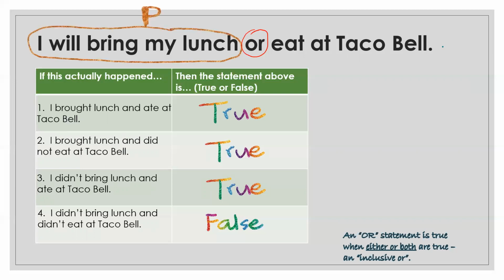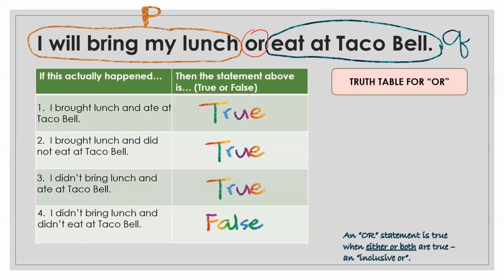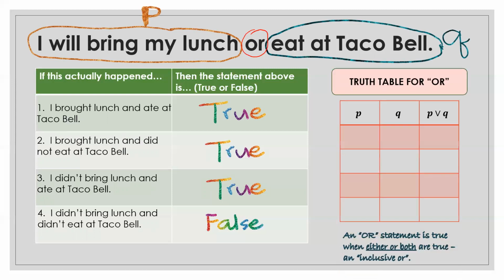And so how do we organize this in a truth table? Suppose we have two simple statements, P and Q. Then we will have four choices as we have seen before. True, true, true, false, false, true, or false, false.